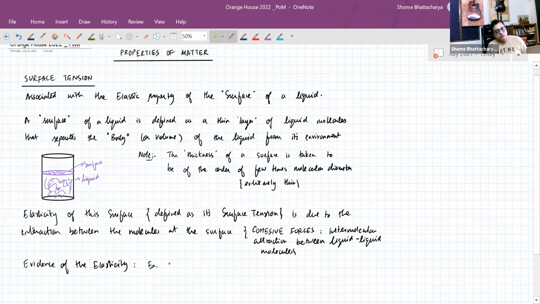We can see that certain insects literally walk on water surfaces without submerging any part of the body.